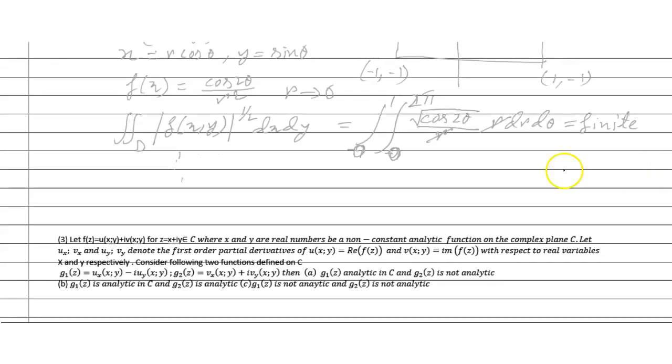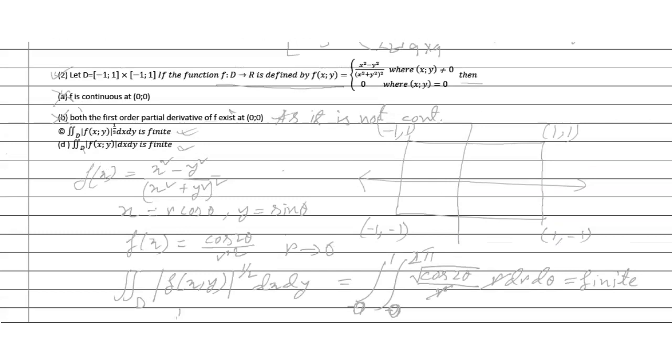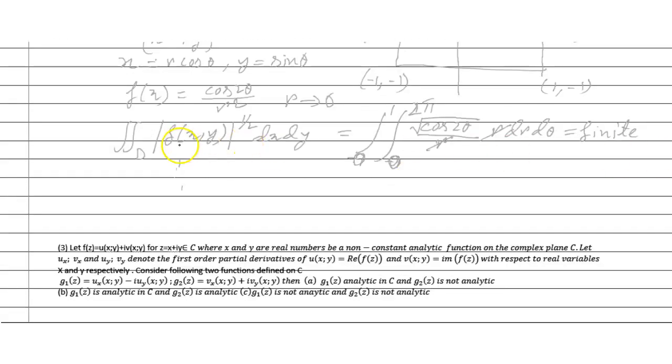And again, next, whatever we get, friends, when they ask whether it is finite, we check the double integral of mod of f(x, y) dx dy over 0 to 1 and 0 to 2 pi. Whatever we get, friends, is simply cos 2 theta by r dr into d theta.